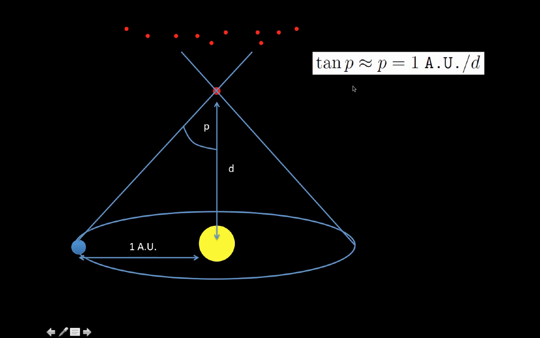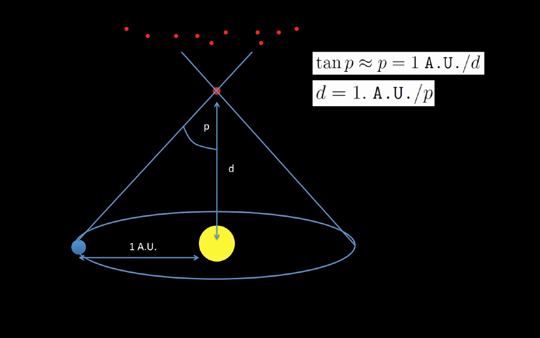And if you remember your small angle approximations, if the angle P is very, very small, and P is measured in radians, then the tangent of the angle P is approximately just equal to P. So the formula simplifies to P is equal to 1 astronomical unit over D, and therefore D, the distance to the star, is just 1 astronomical unit divided by the parallax angle in radians.